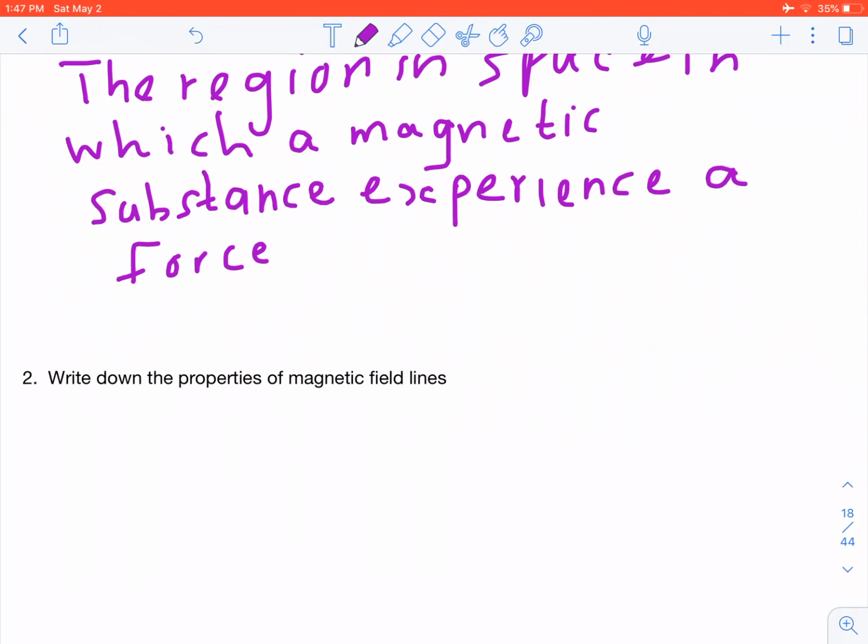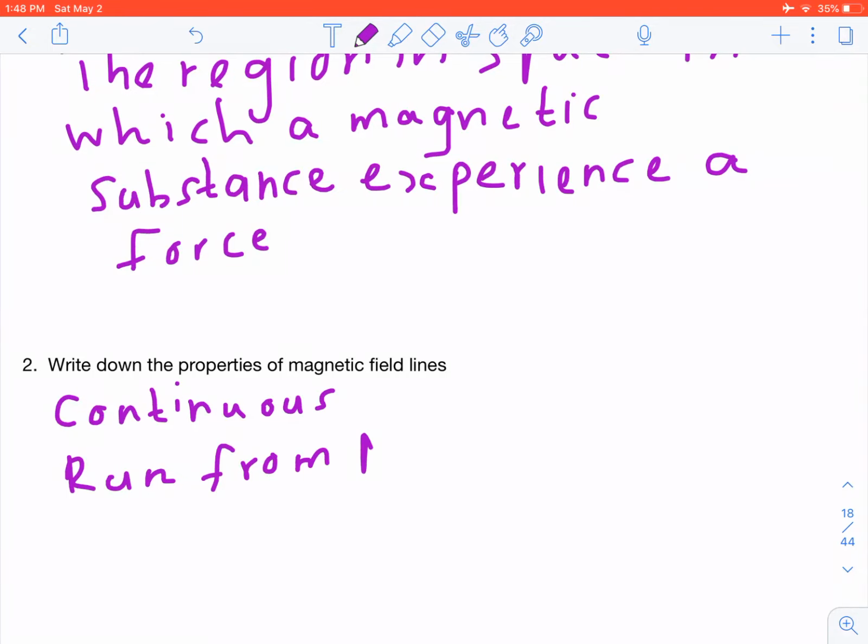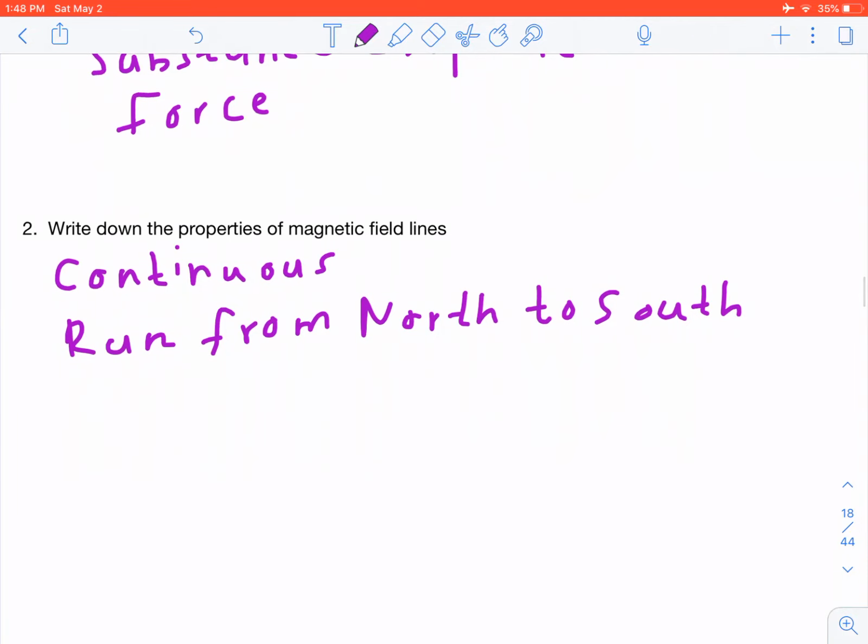Write down the properties of the magnetic field lines. What do we know about them? We said they're continuous, that means there's no end. They form a loop. We could say they run from north to south, and that's by convention we chose it to be that.